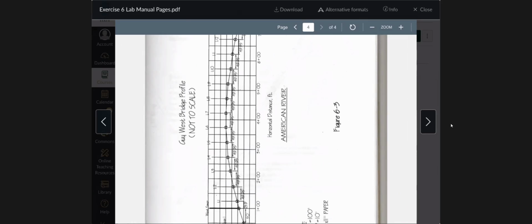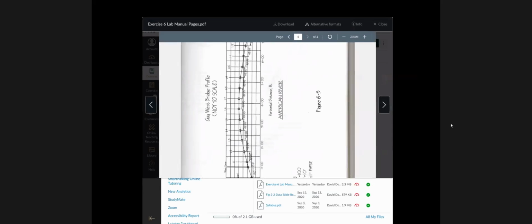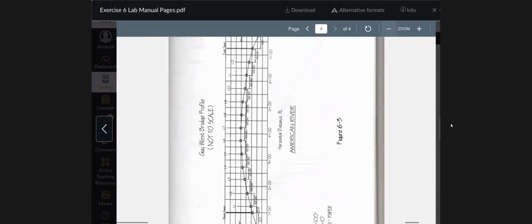But label everything on here as it is shown. You're going to label the stations 1 through 8. You're going to label the vertical lines every 2 feet. You're going to label the lights L1, L2, L3.